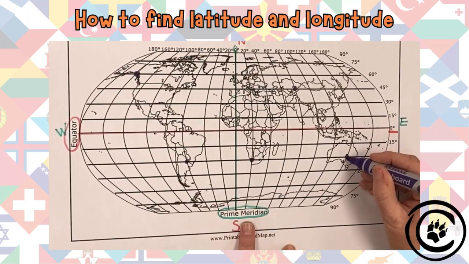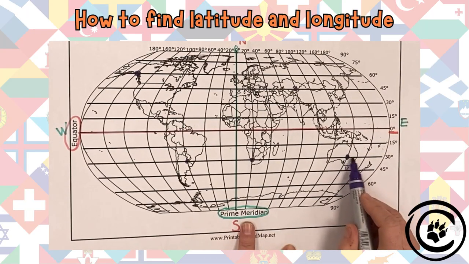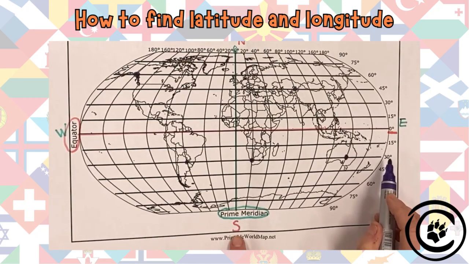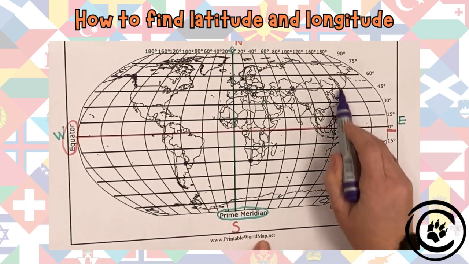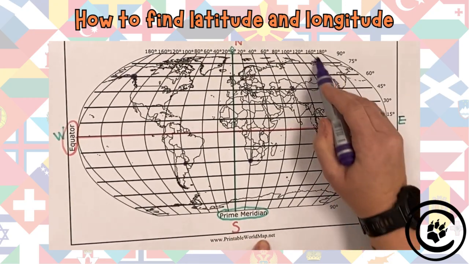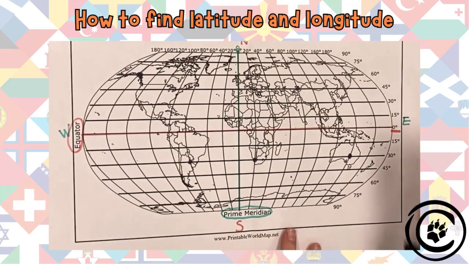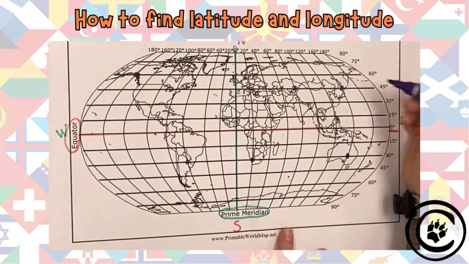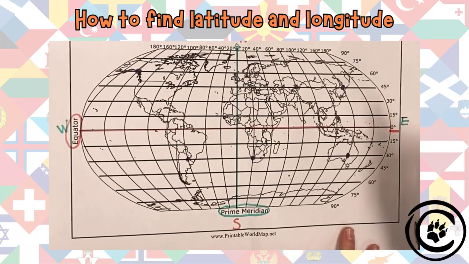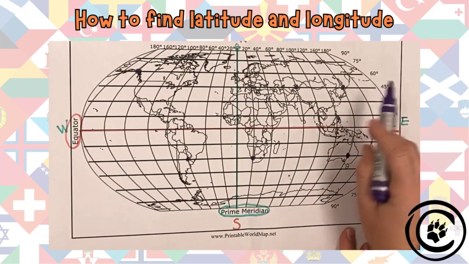Here in Australia, we have 30 degrees south and 160 degrees east. And the next coordinate is at 45 degrees north and 160 degrees east.